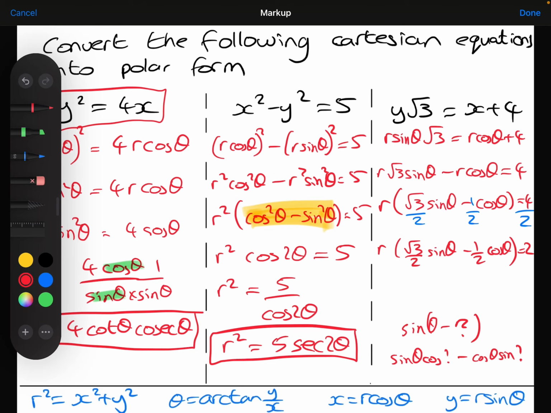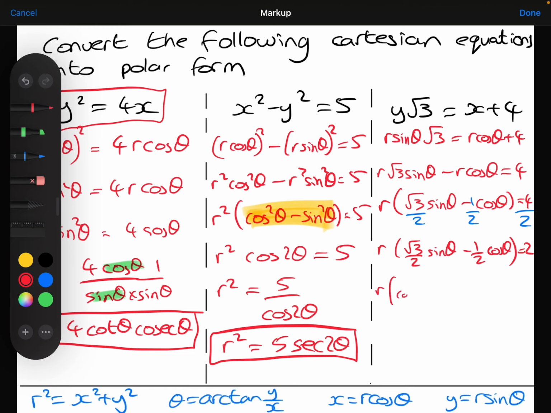So what angle is it now that when I do cos, I get root 3 over 2, and when I do sine to the same angle, I get 1/2. It's pi over 6. Cos pi over 6 is root 3 over 2, and sine pi over 6 is 1/2.